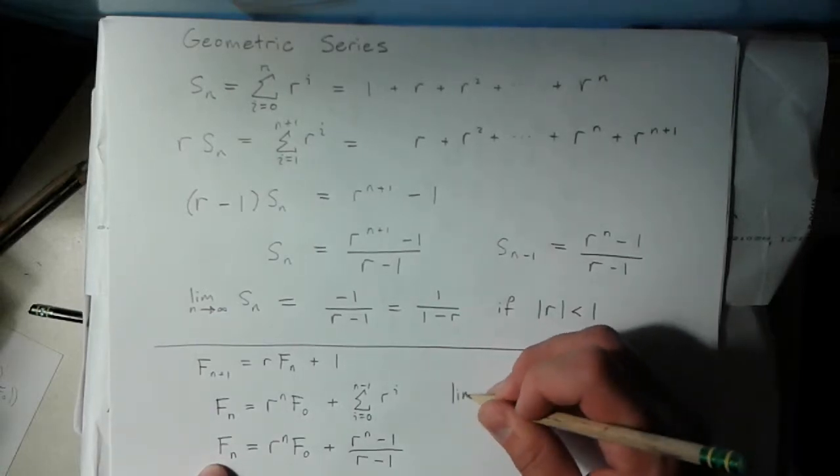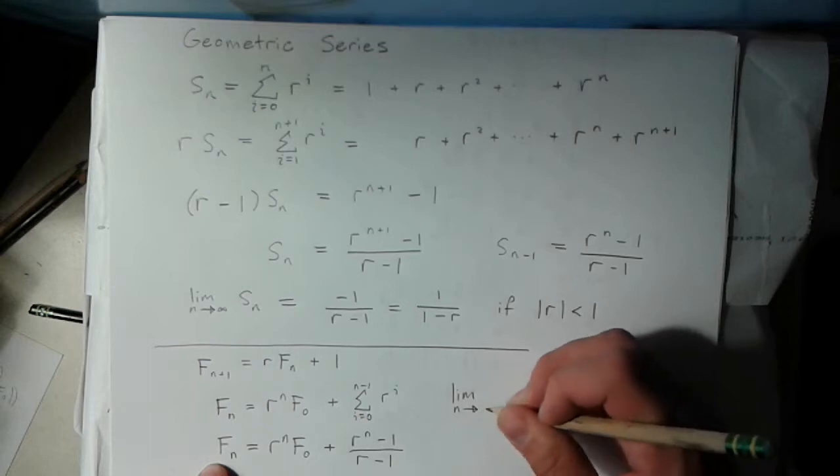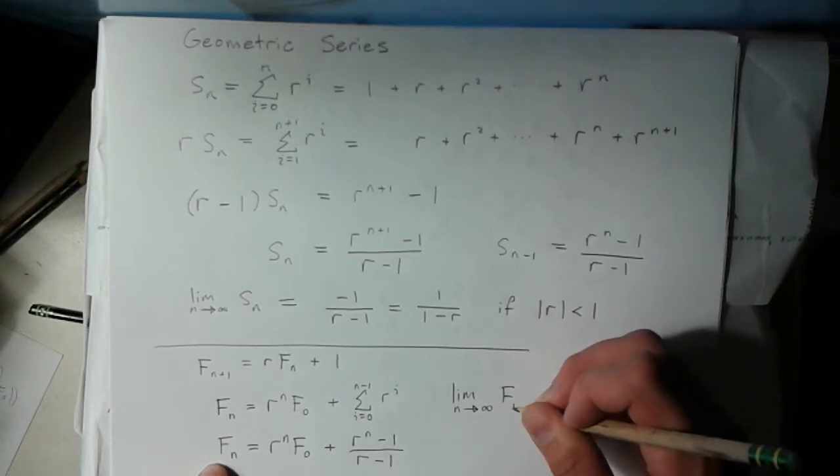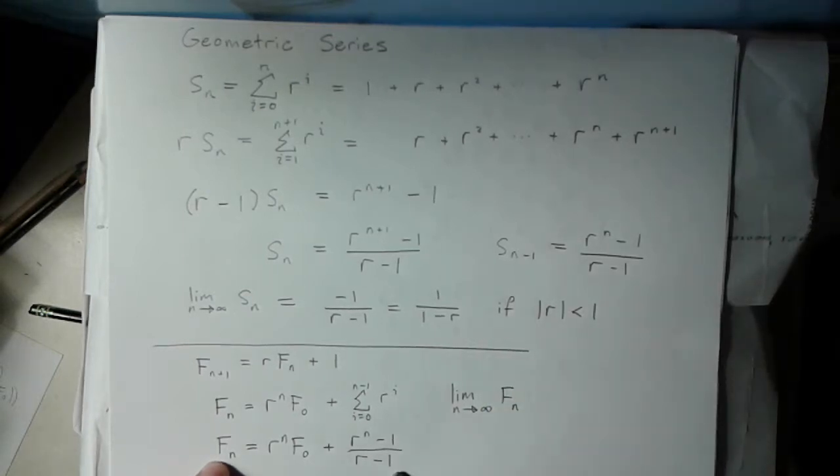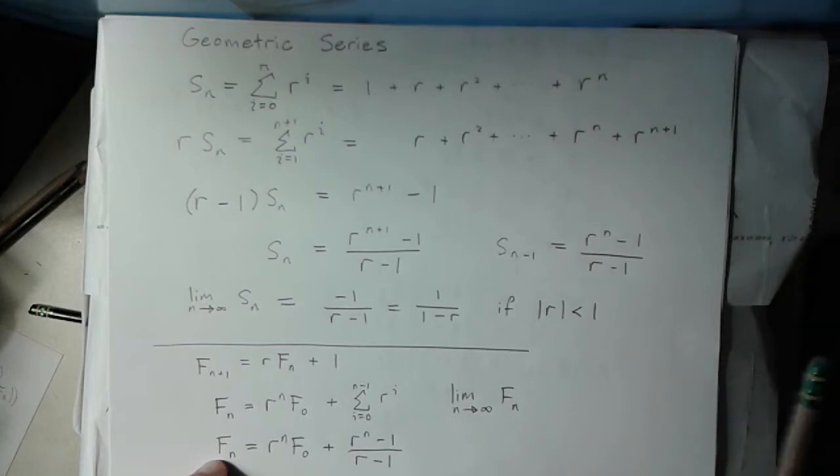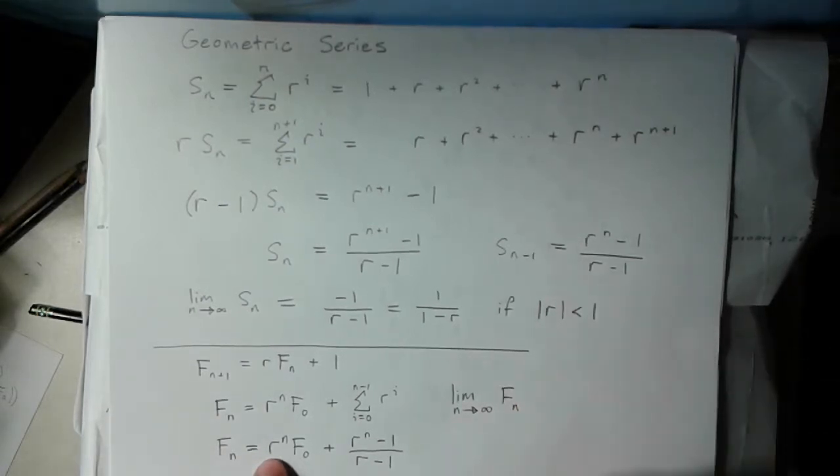And actually there's something interesting about this. If you look at the limit of this sequence, if r is less than 1 in magnitude, then r to the n is going to go to 0, which means this entire term goes to 0. And then over here we have that same thing going on.